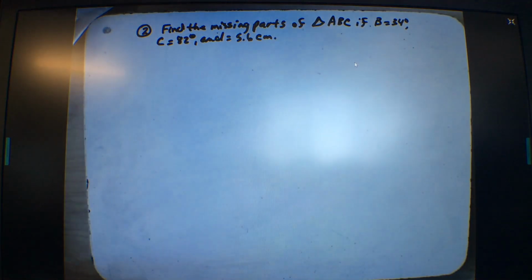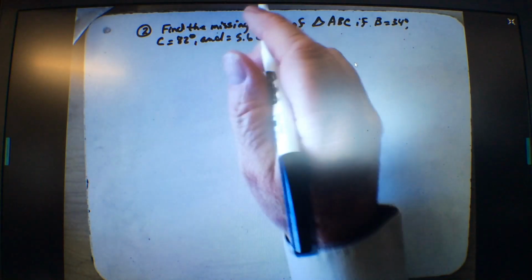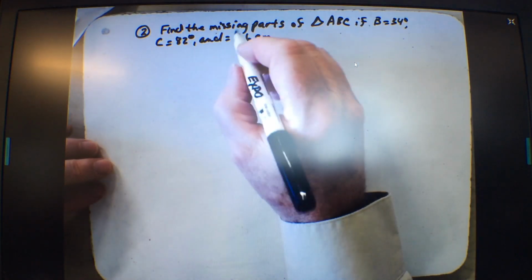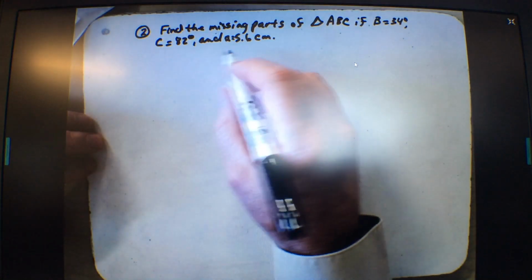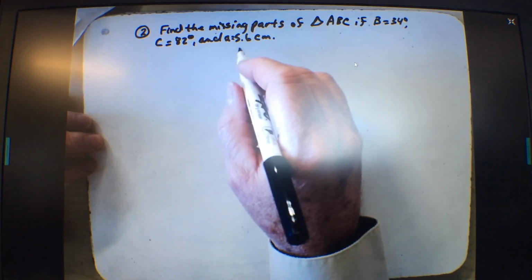Okay? Now you'll notice that we have two angles also. Like the last problem, only we have a side that is across from, 5.6, I forgot to write that down, A equals 5.6. Or excuse me, we have a side that's across from.